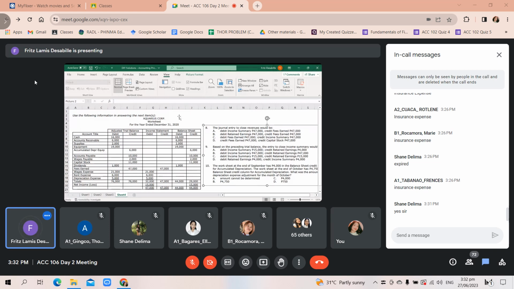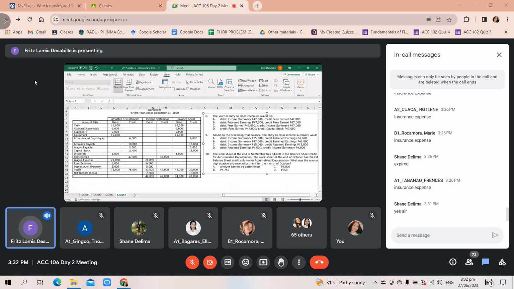However, the income statement accounts have not yet been closed. Cash, AR, supplies, equipment, cumulative depreciation, credit, correct, accounts payable, correct, wages payable, capital stock, dividends. Now, dividends is similar siya sa drawings, guys. Dividend account is similar to drawings account.